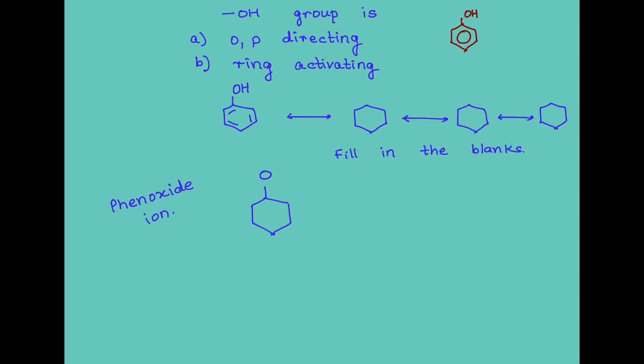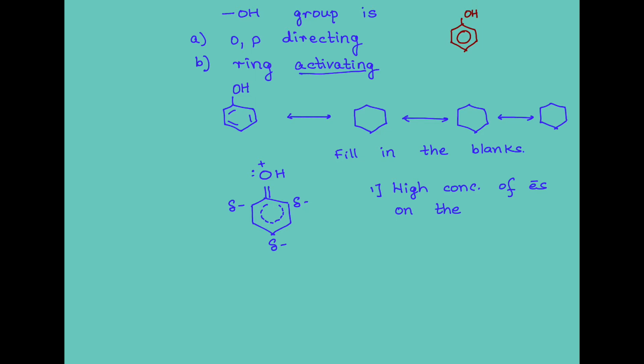Now, once you've drawn the resonating structures, you will see that in the case of phenol, firstly, the ring gets activated. Why does it get activated? There is a high concentration of electrons on the benzene ring, because the OH group has released electrons towards the benzene ring.